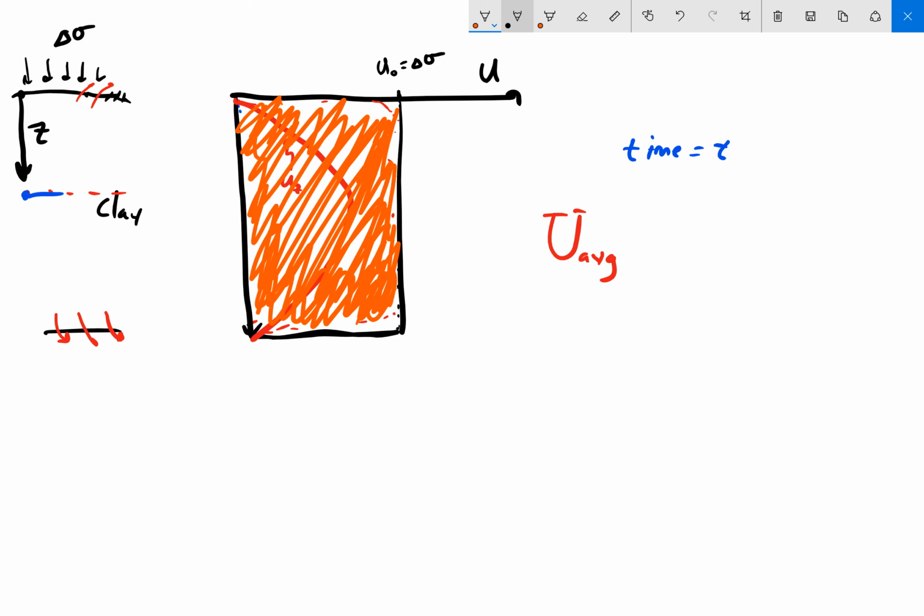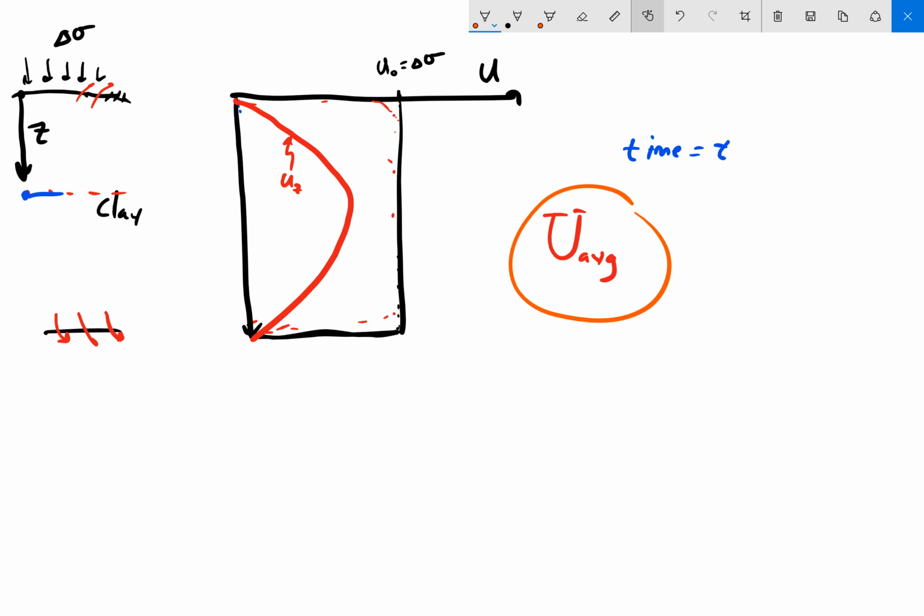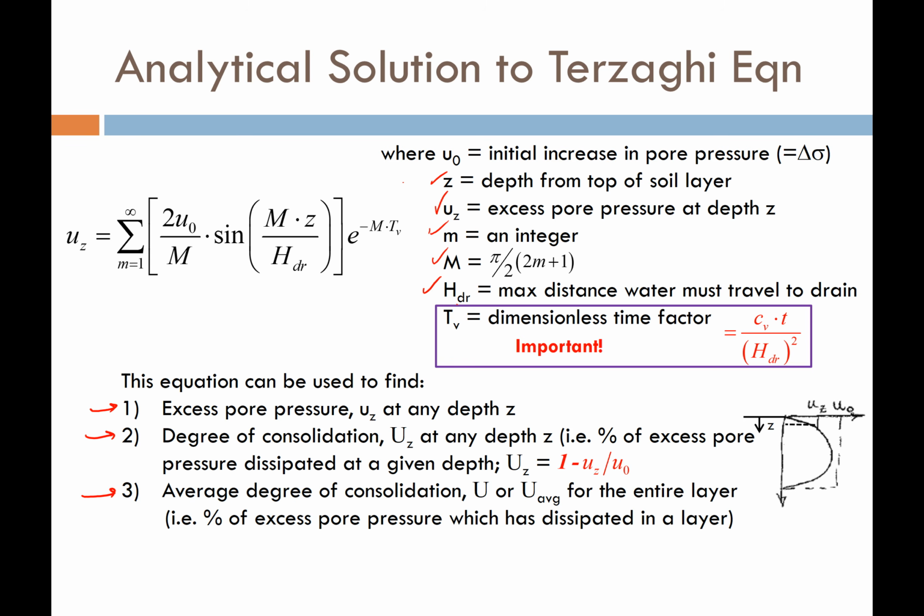So that ratio of those areas is what U average is going to give me. So hopefully that little explanation will explain the difference between little u sub z, big U sub z, and U average. It's important that you guys understand the differences between those.